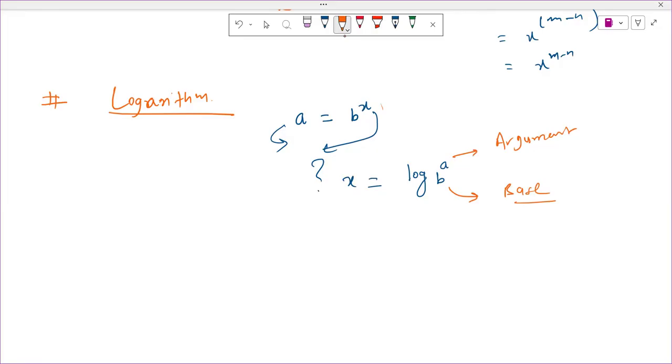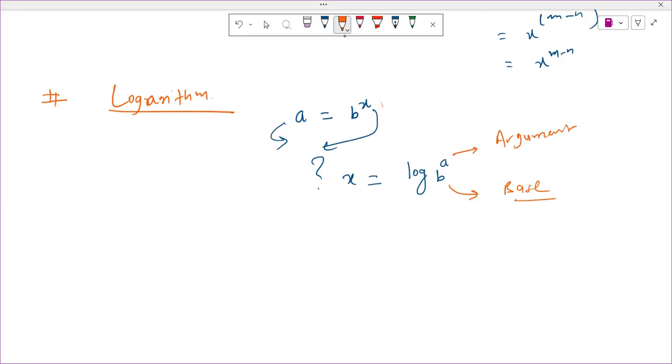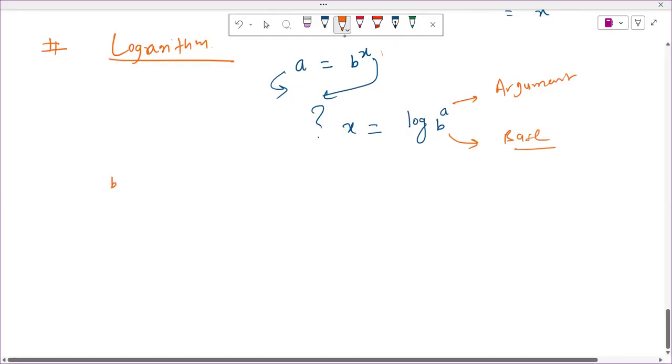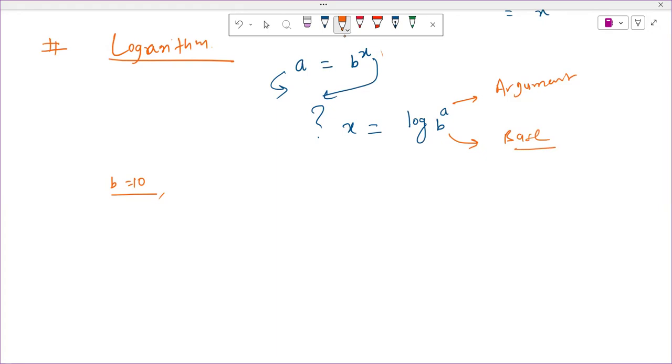So for example, let's say your base is 10, b equal to 10. If someone asks you to find log of 1000 with base 10, what would it be? This is your base 10, and we have some number x here.